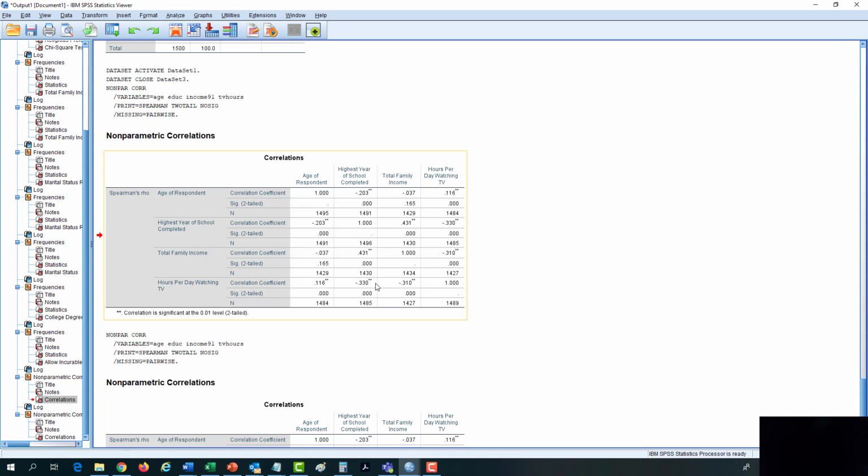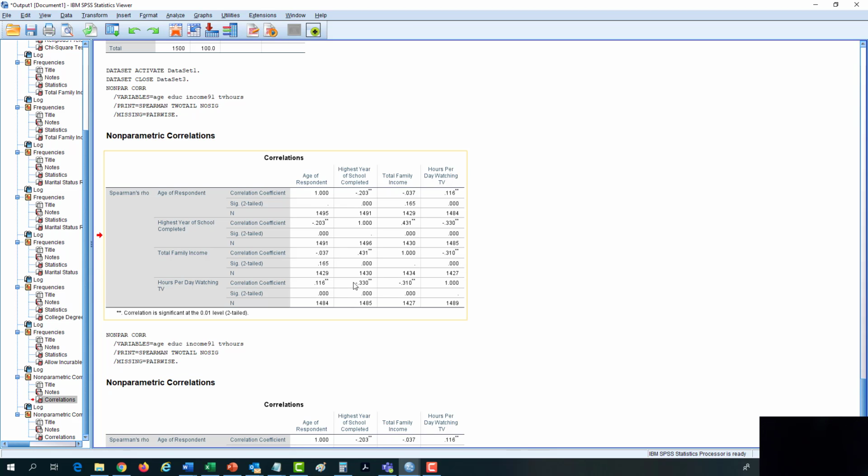As one variable increases, the other variable decreases. So what that's saying is that the more hours per day you spend watching TV, the lower number of years you're going to have completed in school, right?